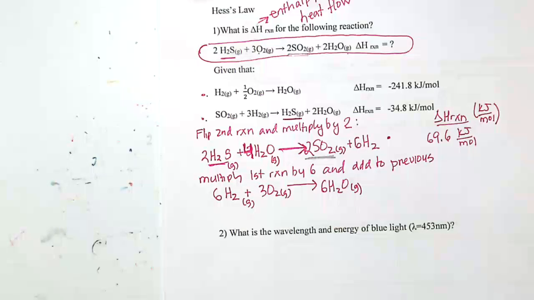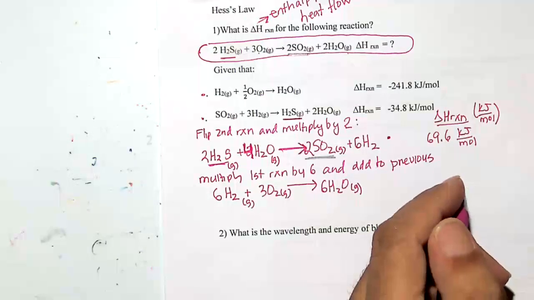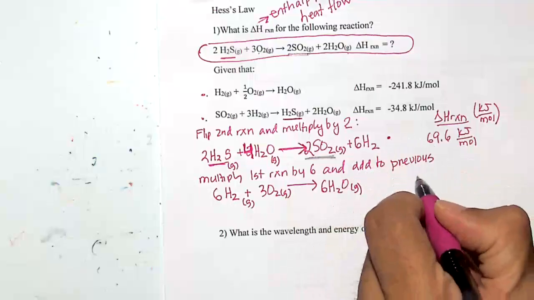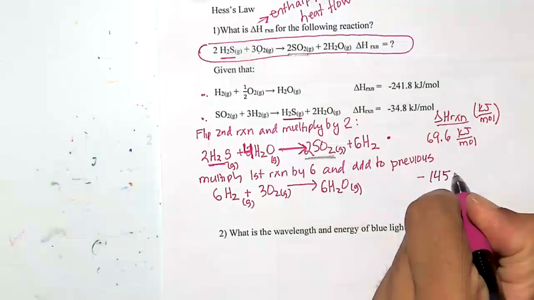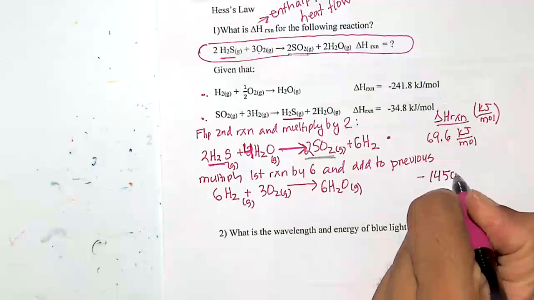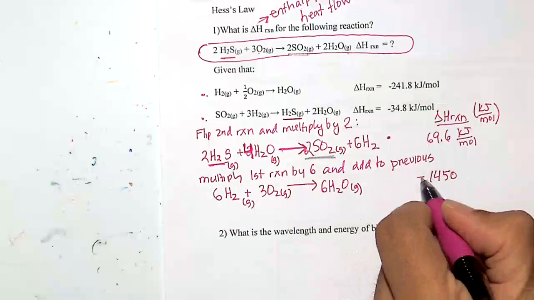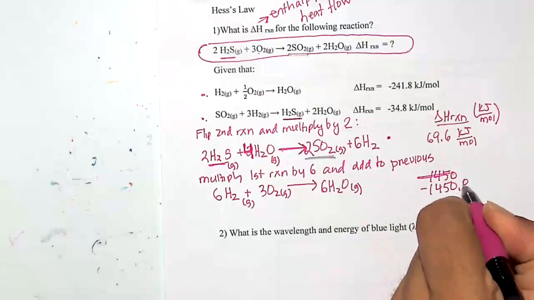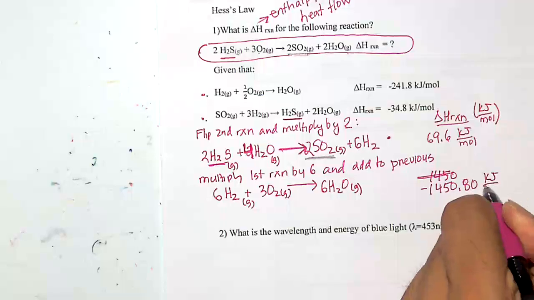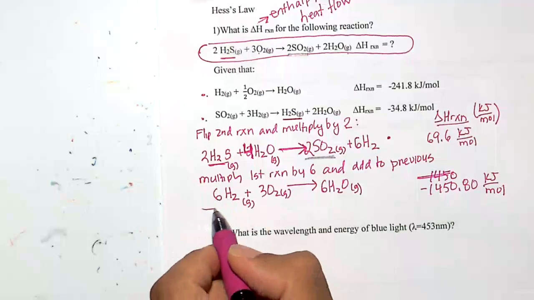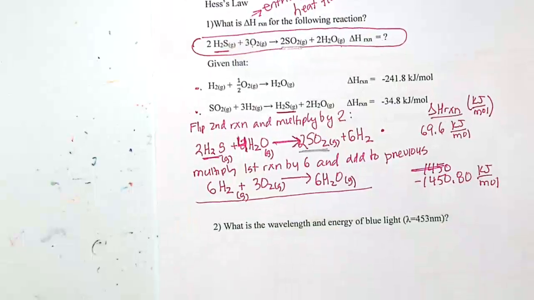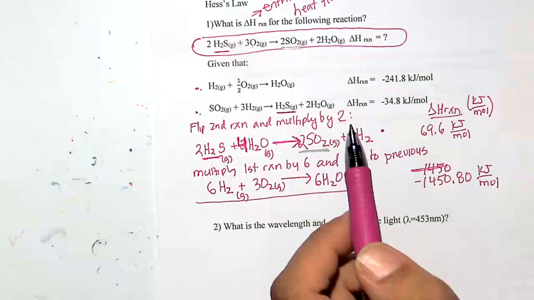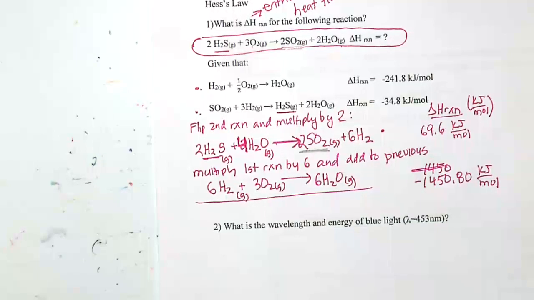Let me try it on my calculator. Negative 1,450.8. So multiplying this by 6, we get negative 1,450.8.